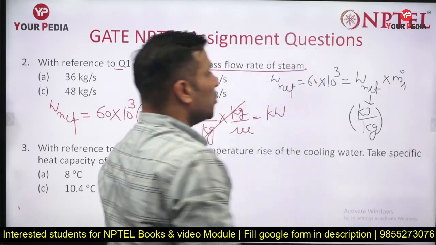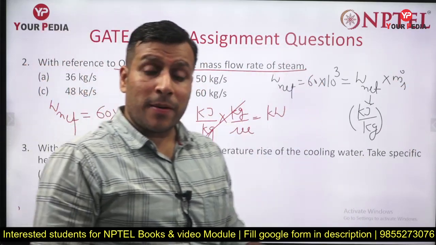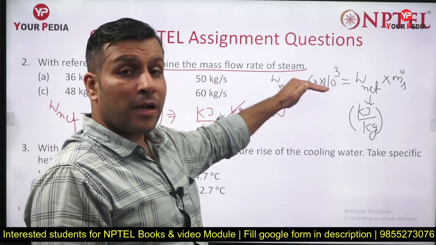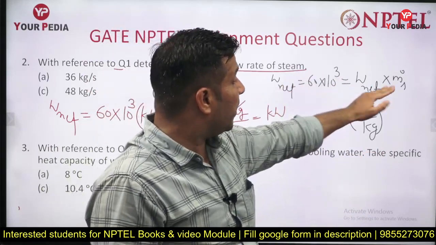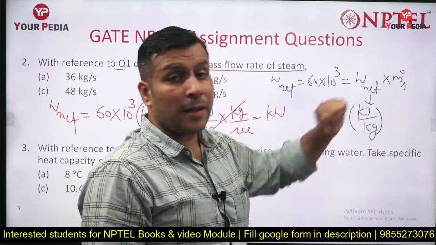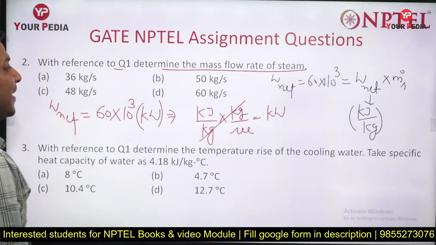The net power output of the plant is 60 megawatt, but you need to write it in kilowatt. So 60 into 10 to the power 3 equals W net in kilojoule per kg multiplied by the mass of steam, which you are going to get in kg per second.